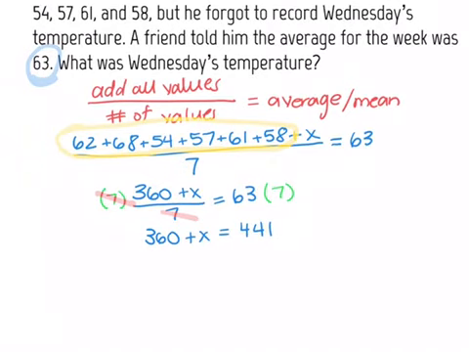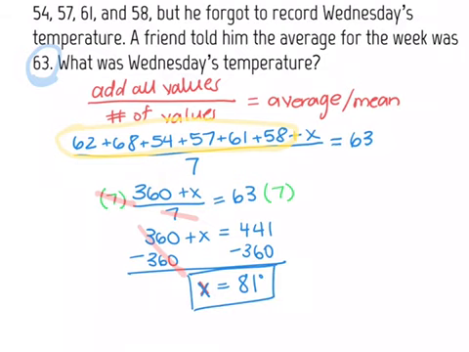To do that, we need to subtract 360 on both sides of the equal sign. These will cancel. And you find out that X is equal to 81 degrees. So Wednesday's temperature, the one that he forgot to record, was 81 degrees.